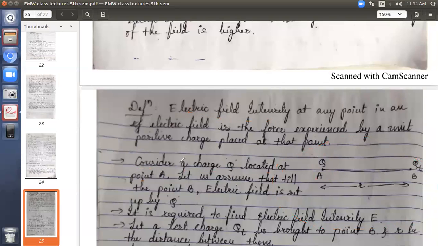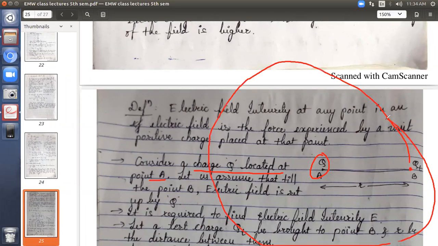Let us consider a charge located at point A. Let us assume that till the point B, the field is set up. Assume that this is the surrounding under which there exists a certain field. And remember, I'm just giving an example.